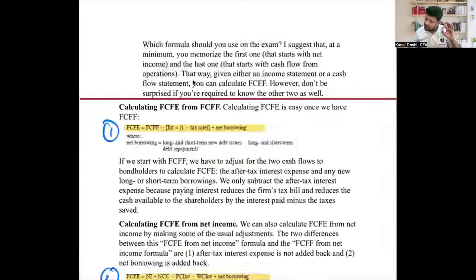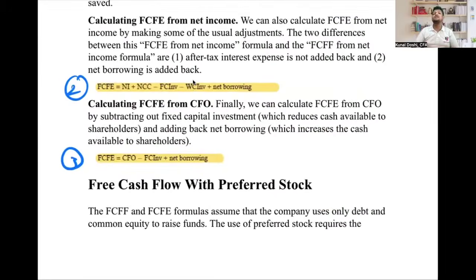Now remember, while doing this entire stuff, we did not discuss preferred dividends. But if there were preferred shares, the treatment is almost the same. Assume the treatment of preferred shares is the same as interest and debt. The only thing is that preferred dividends are paid from after-tax amount, so there's no need for tax adjustment.